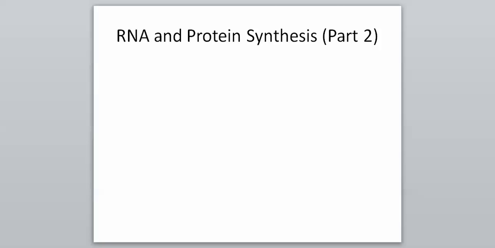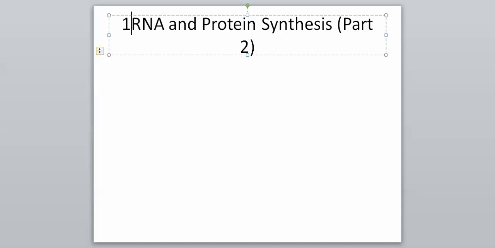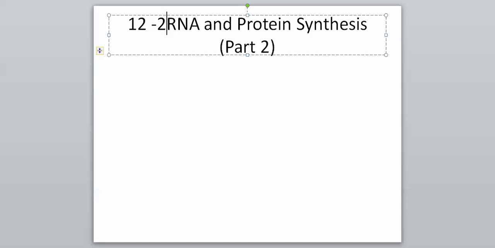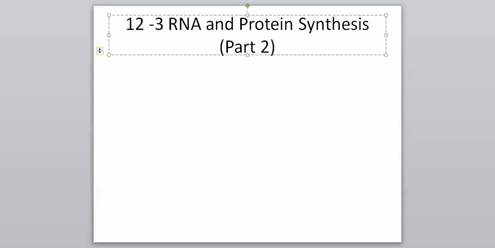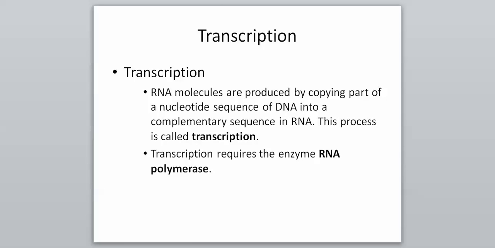We're continuing on with Chapter 12, Section 3, RNA and Protein Synthesis Part 2. Today we're going to take a look at the process known as transcription, and this is going to tell us how RNA is made using DNA. So the first step is, what is transcription? RNA molecules are produced by copying part of a nucleotide sequence of DNA.